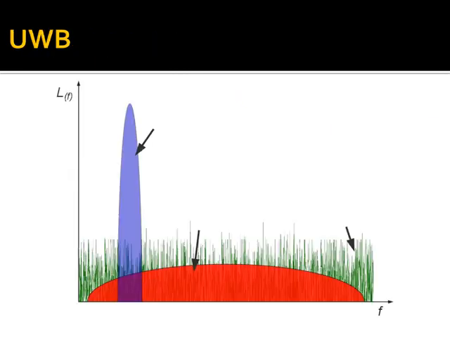The last one I talked about, and we're going to go an inch deep into this, is something called ultra-wideband. Now, we talked about spread spectrum as being a modulation scheme that took a signal and spread it over a much wider area. UWB does the same thing, except it doesn't modulate anything.